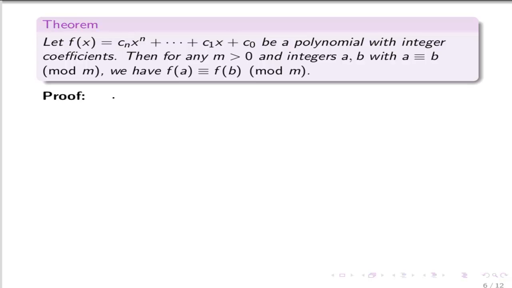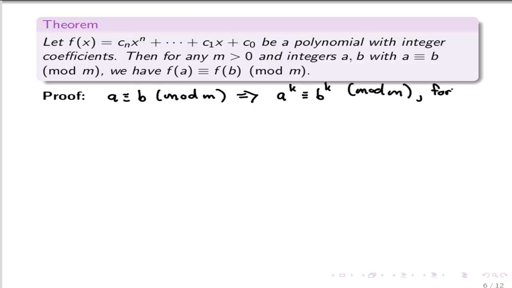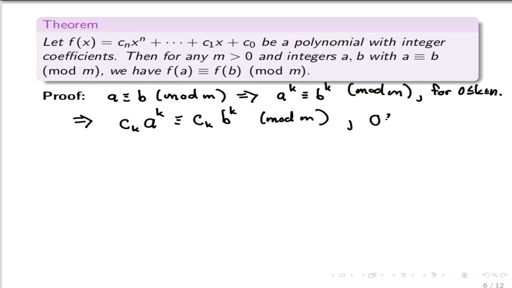So after all, a congruent to b mod m implies that a to the k is congruent to b to the k for all values of k going from 0 to n, and you have the same coefficients each time, so then we would have that c_k a^k is congruent to c_k b^k mod m for k going from 0 to n.